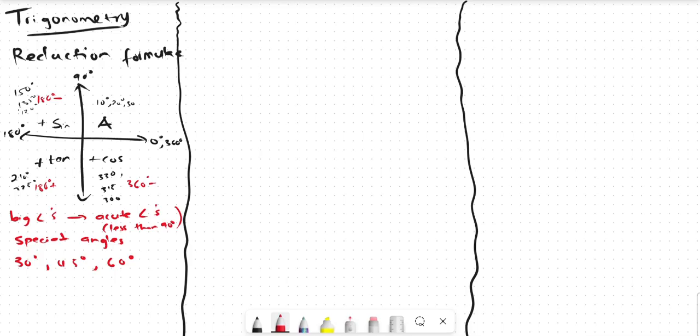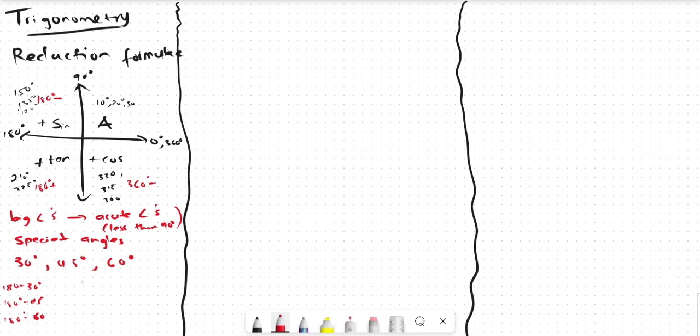So when you are reducing, if I am in quadrant 2, my reduction formula is going to be 180 degrees minus 30, or 180 degrees minus 45, or 180 degrees minus 60.